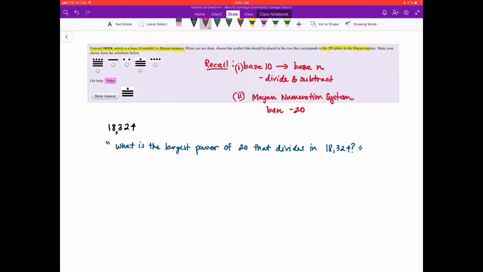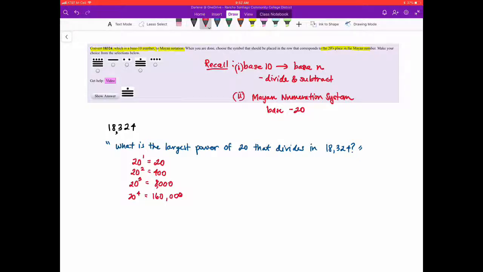Okay, so the first thing we need to do is look at some powers of 20. We do know that 20 to the first is 20. We know that 20 squared is 400. And 20 cubed is 8,000. And 20 to the fourth is 160,000.